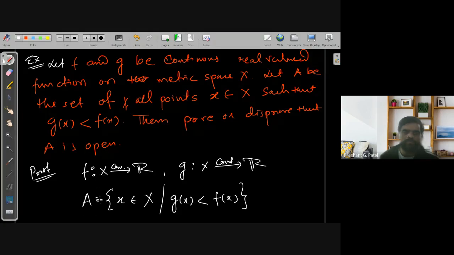I want to prove whether this set A is open, or closed, or not open. That is the objective. What do you want to say regarding this, whether A is open or not?